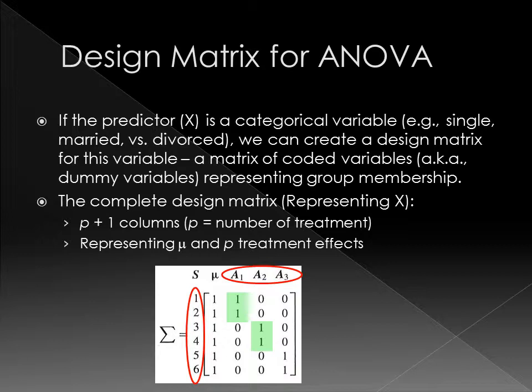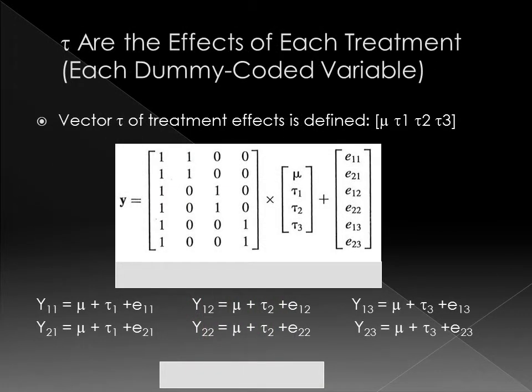So we have 1 under A2 and zeros under A1 and A3 for person 3 and person 4. Finally, person 5 and 6 are under A3, belong to the divorced group. So this design matrix helps us understand who belongs to which treatment.